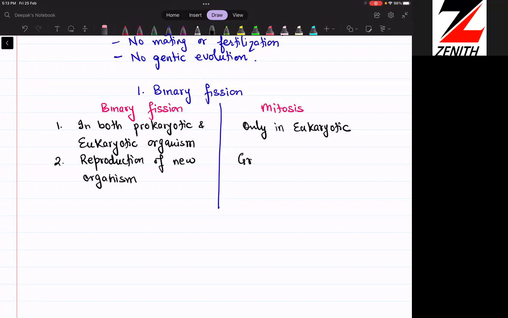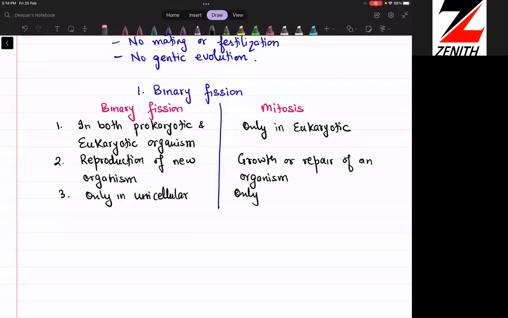Mitosis is related to growth or repair of an organism. Binary fission takes place only in unicellular organisms. Mitosis takes place only in multicellular.